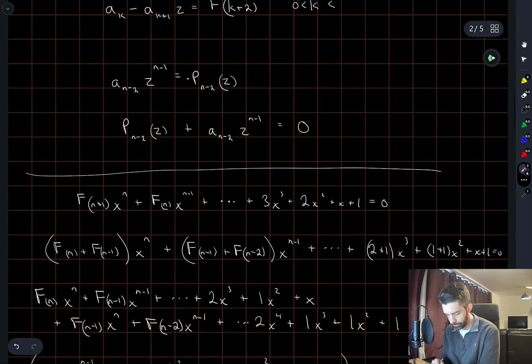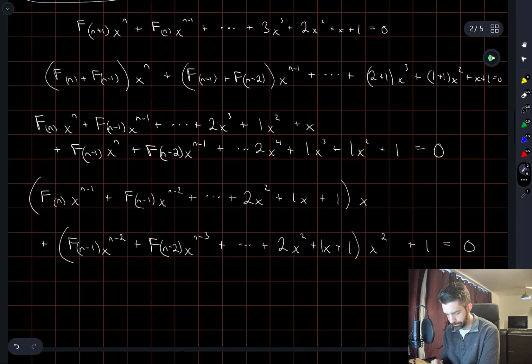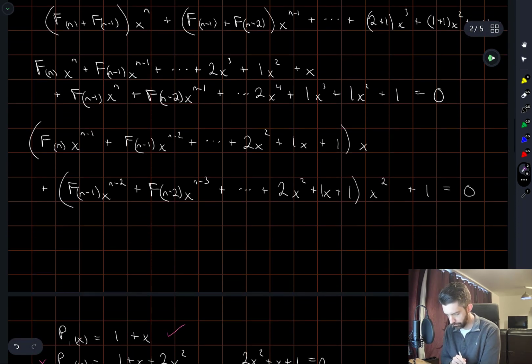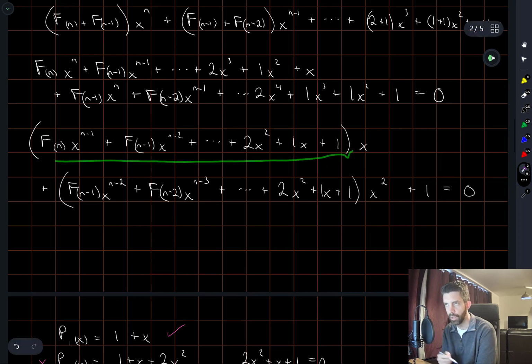So what I tried next is using the definition of the Fibonacci sequence and splitting up the original polynomial into some other terms, basically writing it as a lower degree. I'll call these things Fibonacci polynomials, right?